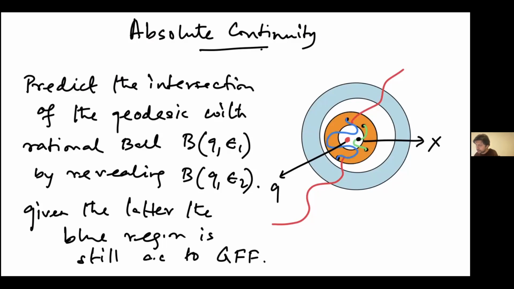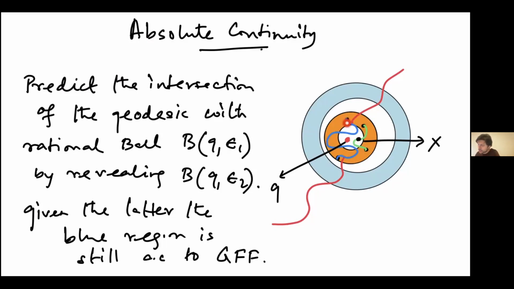So we don't know whether this global geodesic actually enters this ball or not, but if it were to enter, then its intersection must be a subset of these local geodesics. This allows us to predict what the local segments of the geodesic look like.